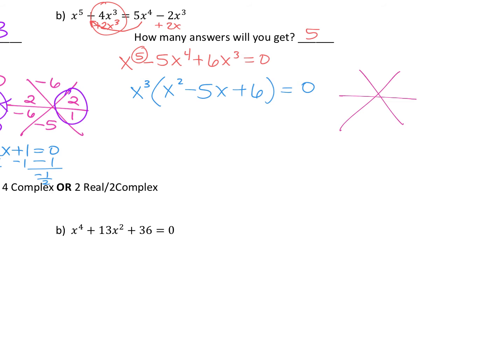So if we do our star here, your a term is 1. What can you multiply to get 6 that you can add to get negative 5? Negative 2, negative 3. So we have x cubed times x minus 2 for this guy times x minus 3 for this guy equals 0.